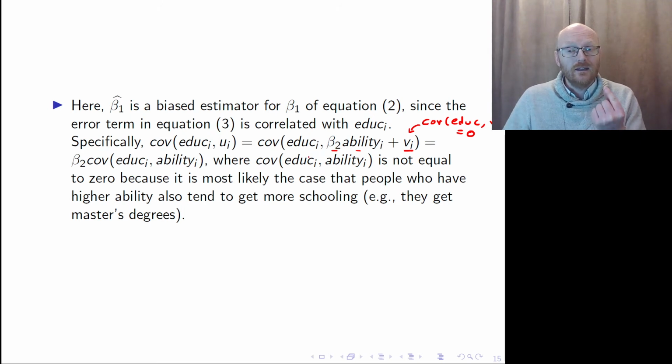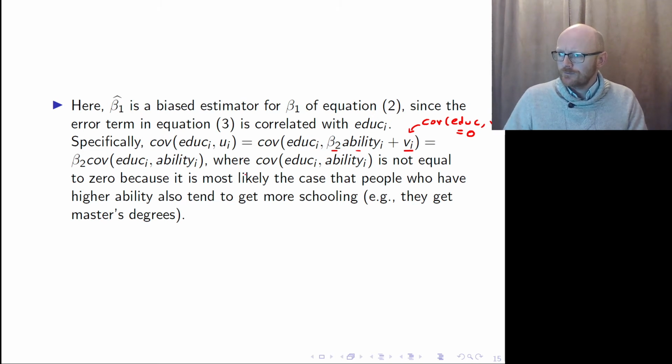It's the population coefficient, so it's a constant. So we can move that out of the covariance equation as well. So we are left with the covariance between education and residuals is equal to the true population coefficient on ability times the covariance between education and ability.